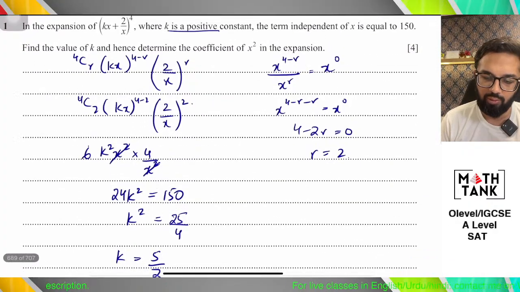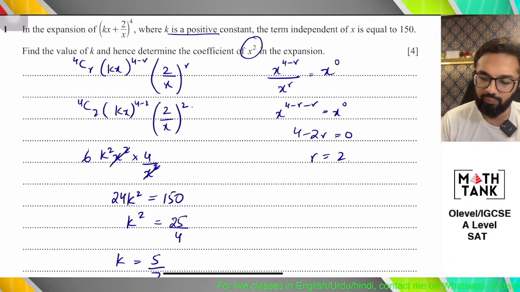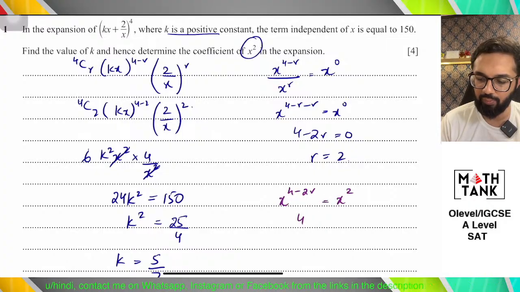k is a positive constant, so there's going to be just one value, 5 over 2. Then I want to determine the coefficient of x squared, so I'm going to again start the process. x power 4 minus 2r should equal x squared, so 4 minus 2r should equal 2, and r should equal 1.